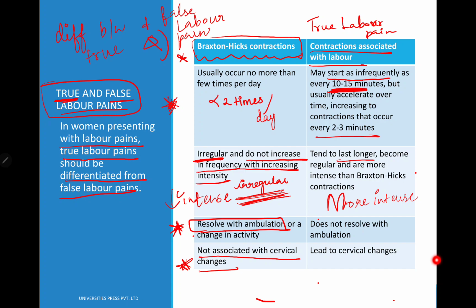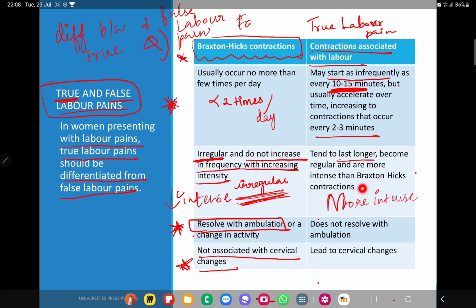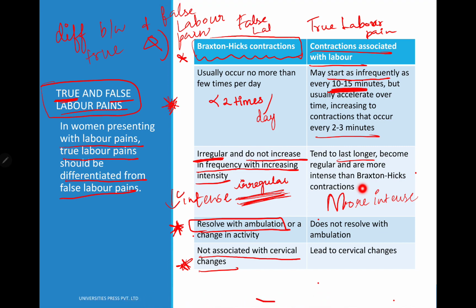Braxton Hicks contractions will resolve with ambulation. Okay, this is your false labor pain. It resolves with ambulation, whereas true labor pain does not resolve with ambulation.